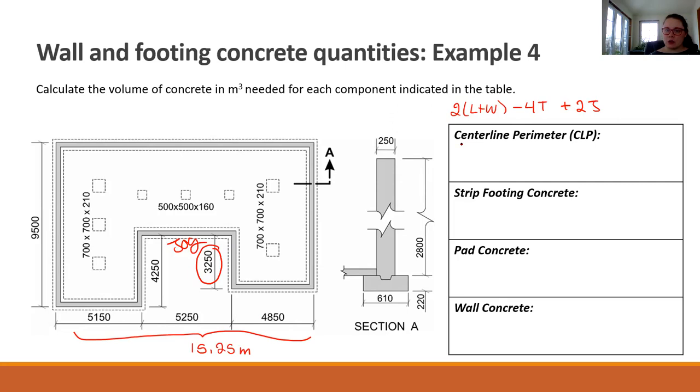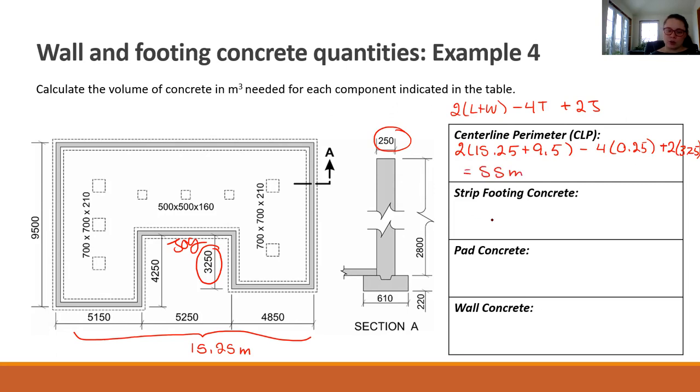So 2 times 15.25 plus 9.5, minus 4, make sure you use the wall thickness, times 0.25, plus 2 times 3.25. Squeeze that in there, and you'll get a total center line perimeter of 55 meters.